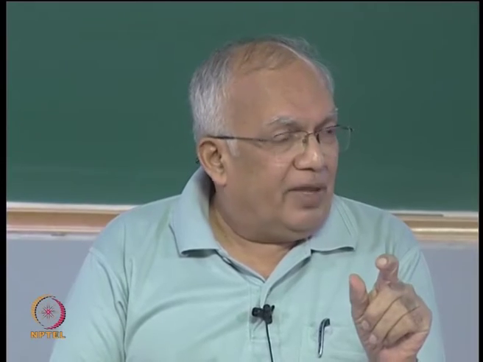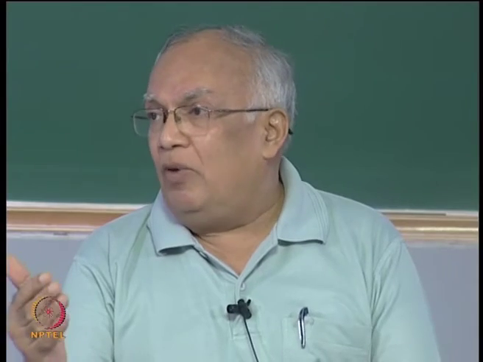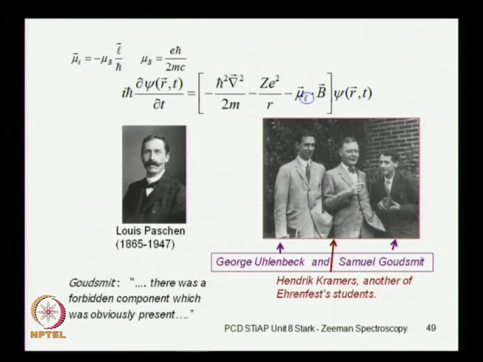They found some additional lines which are normally forbidden, and because of these forbidden lines they had to associate an additional source of magnetic moment, for which they looked for an additional source of angular momentum. So, that is how they historically introduced the electron spin, and this was an accident because they really did not know the exact source of this magnetic moment.